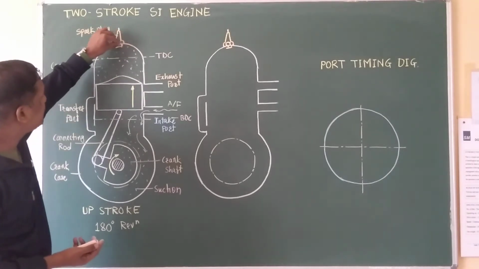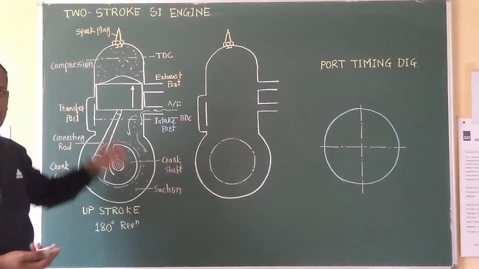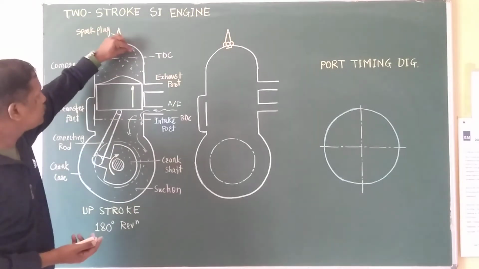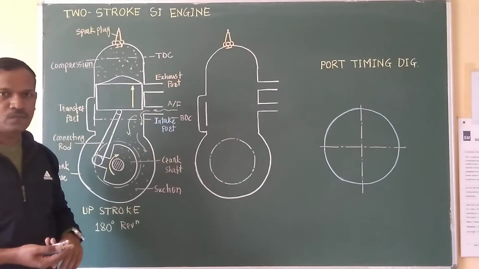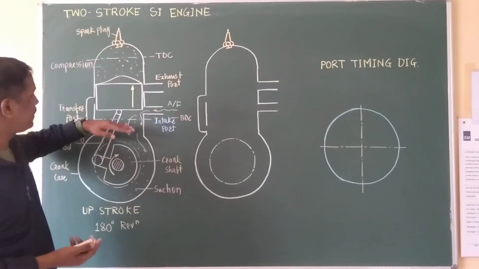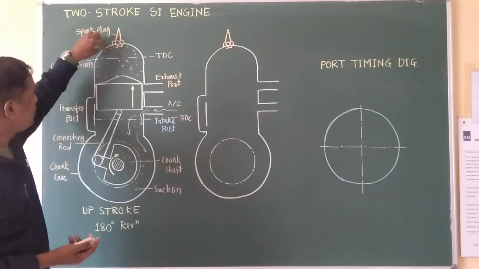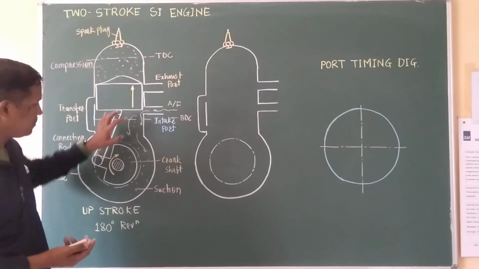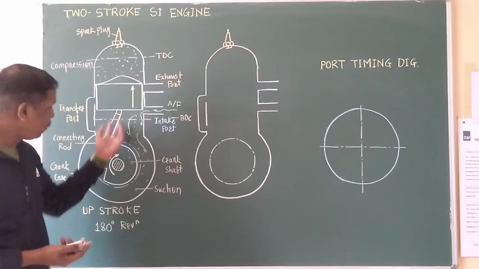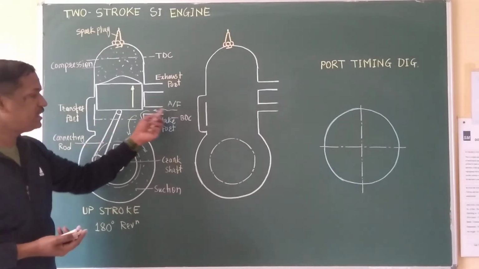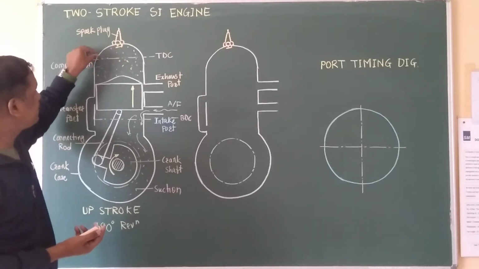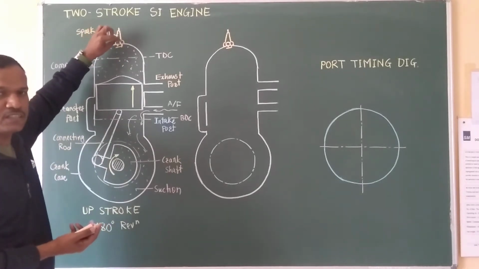Now this compression continues till the piston reaches TDC, and as the piston has some crown, we have to construct our cylinder head also to accommodate this crown. So when the piston reaches this, our crown will be like this, and whatever gap remains is the clearance volume. So our whole charge gets compressed to that small volume.